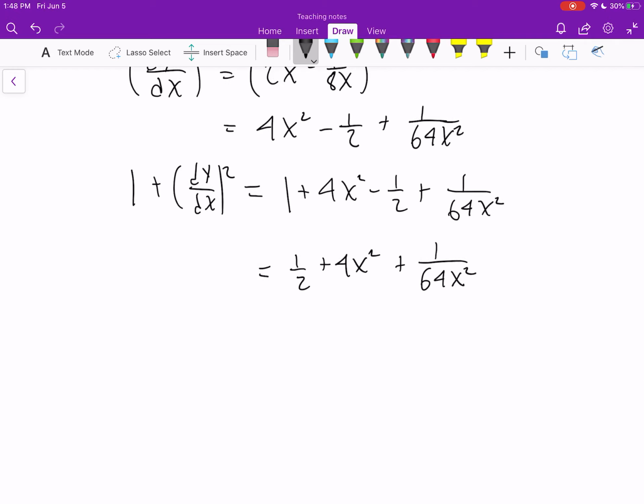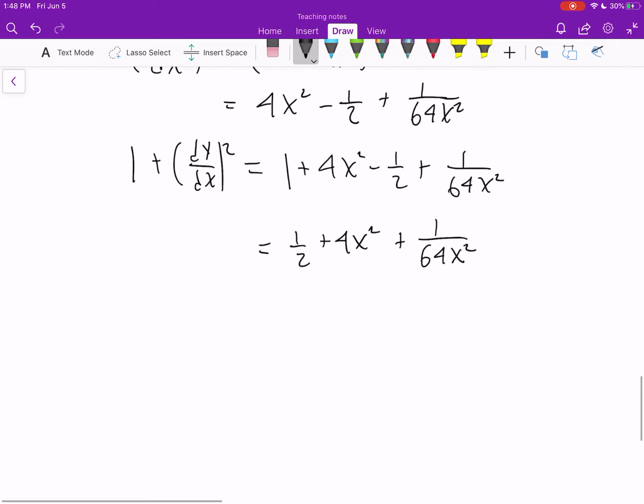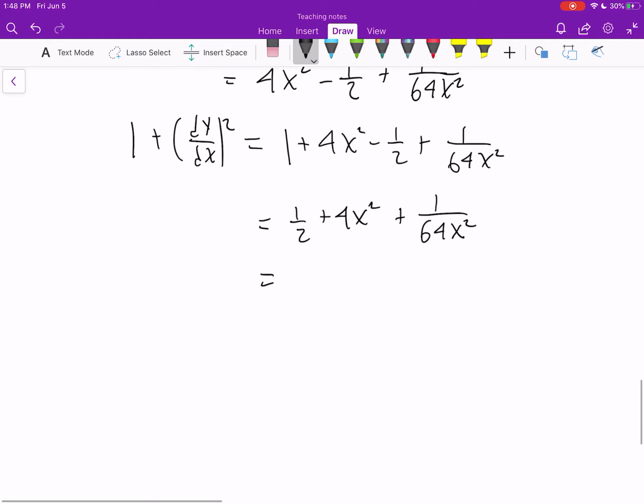Now what you'll notice is this is actually a perfect square. This thing is actually just (2x plus 1 over 8x) squared. And again, you can double check that. It is in fact true here.